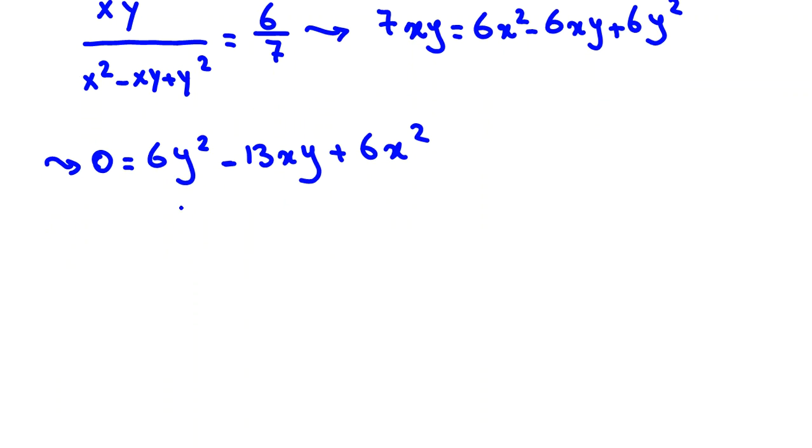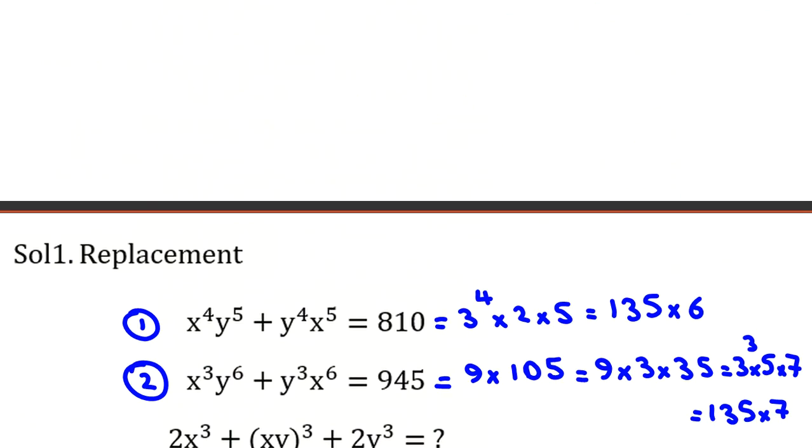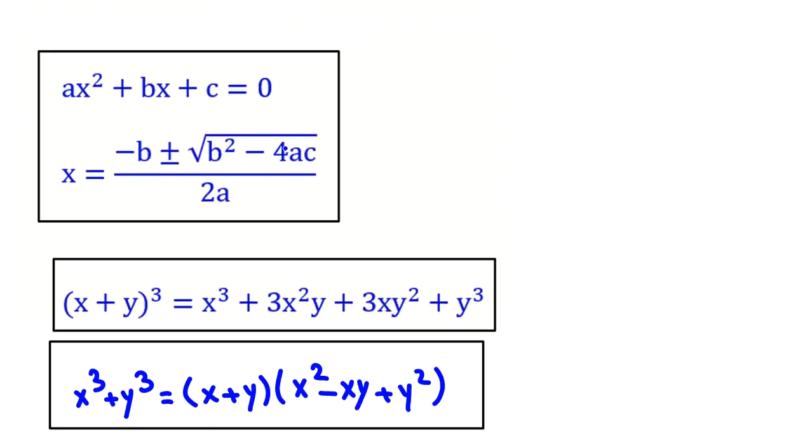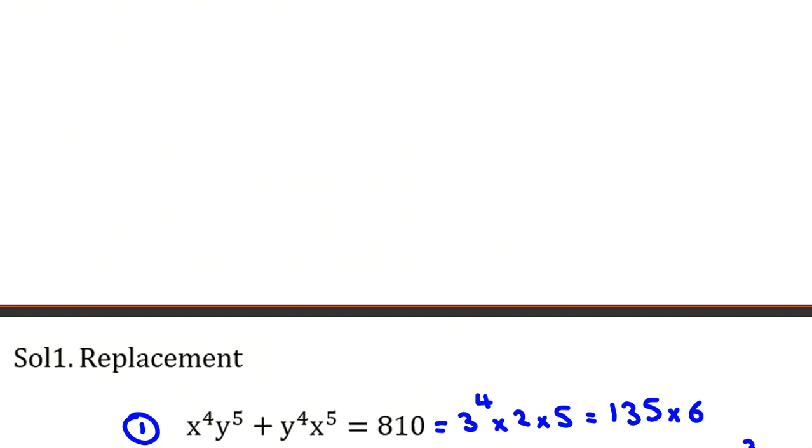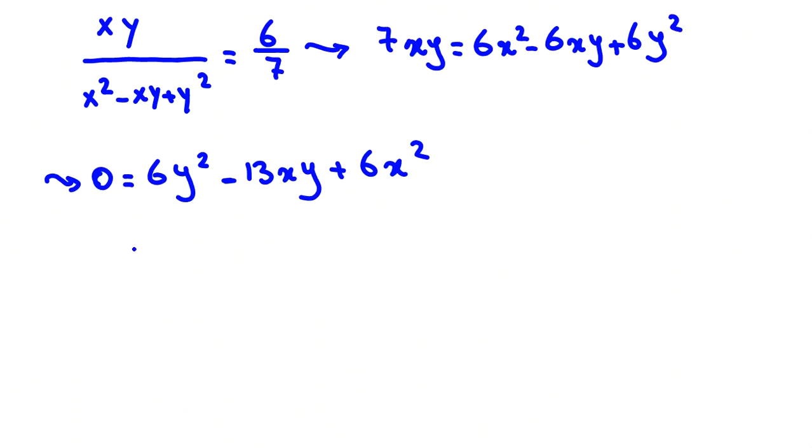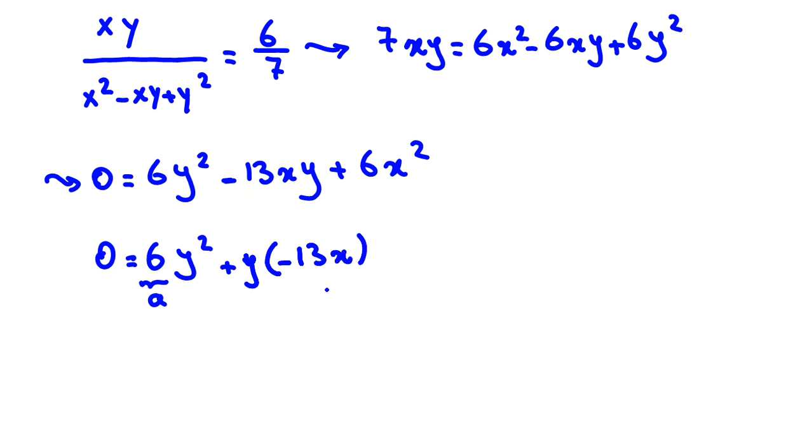Here I told you this formula, you should memorize it. So 0 is 6y squared, it is a, the coefficient of y squared, plus y times negative 13x, it is the coefficient of y, plus 6x squared, it is c. We don't have any y here.